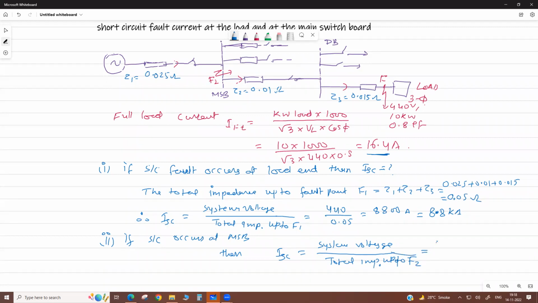So it is 440 divided by only 0.025. Here there is only one resistance, Z1. In this case the fault current is double, because the impedance becomes half, so it becomes 17,600, or 17.6 kilo ampere.